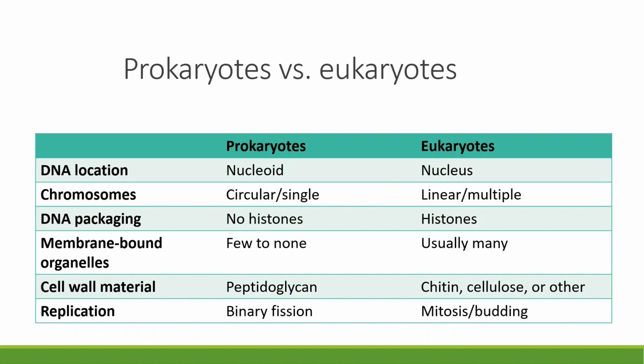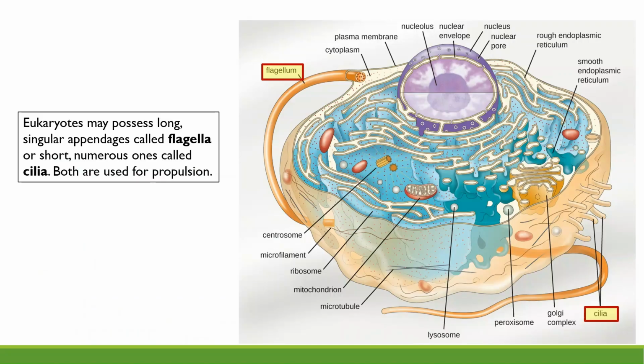Think back to our scaling chart where protists were a lot larger than bacteria. This is the basic structure of a eukaryotic cell. As we'll talk about later, you see a lot of these different types of membranes that exist inside of the cell. These membranes allow it to compartmentalize different processes and tasks.